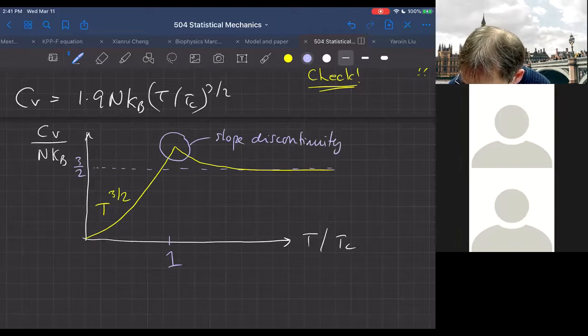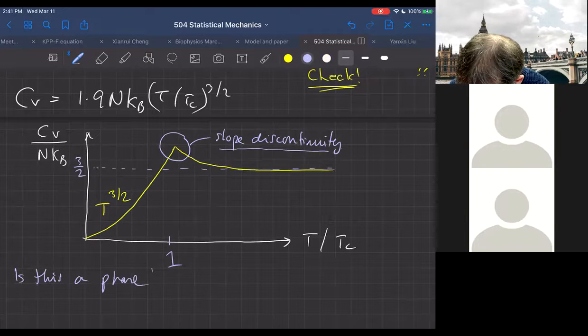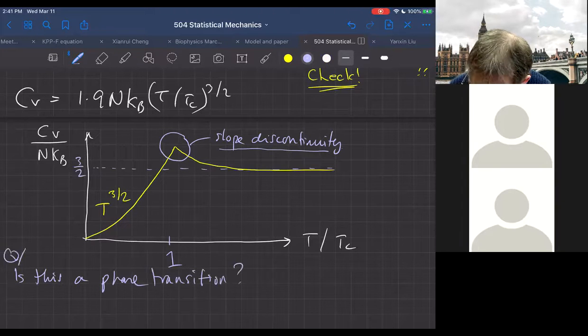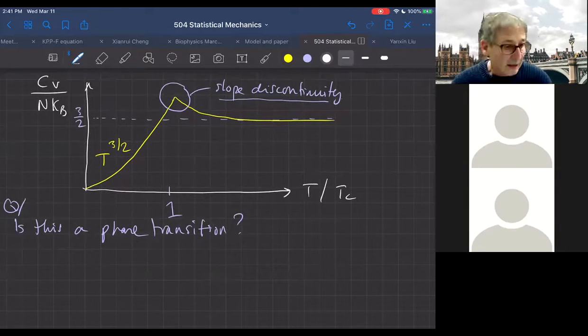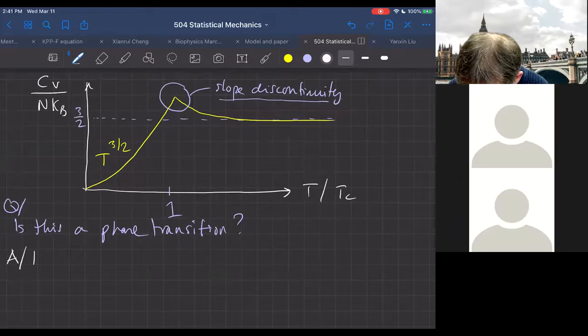And somebody might say, what is the order of this transition? That's a very good question. Are we seeing here a phase transition? You might say, well, it should be. Why not? If so, what order?